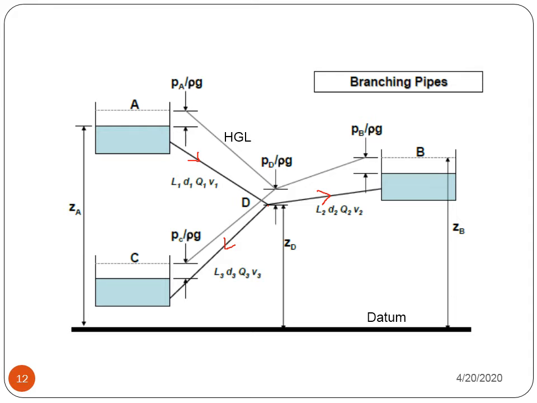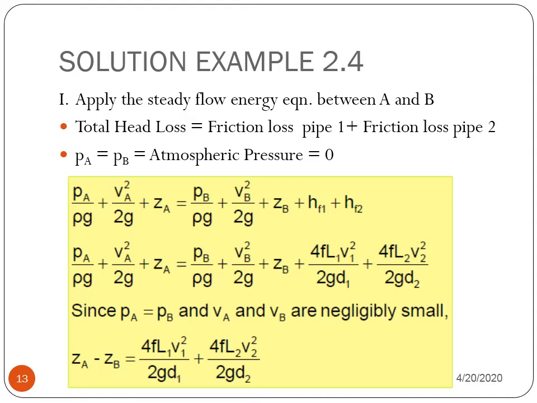From here you can see that the continuity equation would be Q1 equals Q2 plus Q3. This is the development of the continuity equation. Now we look at the solution of this example. Basically we know that we are going to use the energy equation. First of all, we will apply the energy equation between reservoir A and reservoir B.